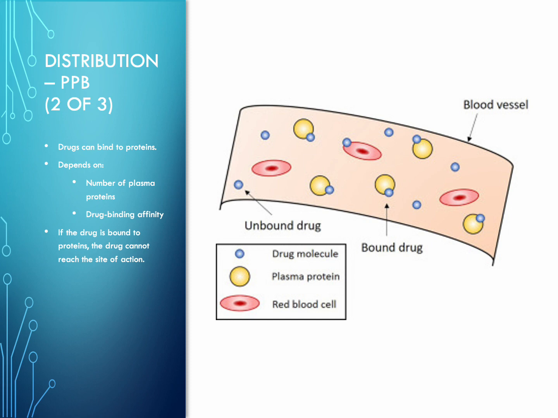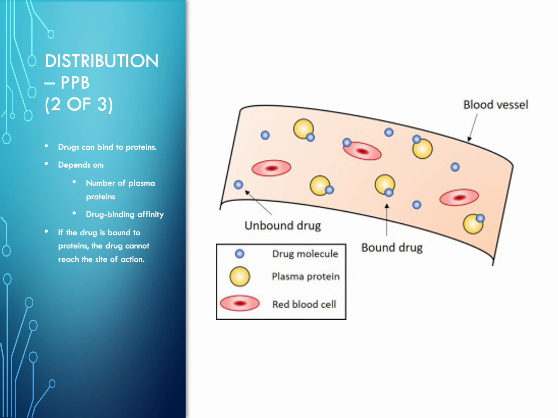And these are the ones that are going to diffuse out and interact with the binding site. So when we have drugs that are called highly bound, we're going to have a longer duration in the body because, again, there are fewer free drug molecules available to bind to the site of action. And because of that, highly bound drugs are going to stay in the body a lot longer.